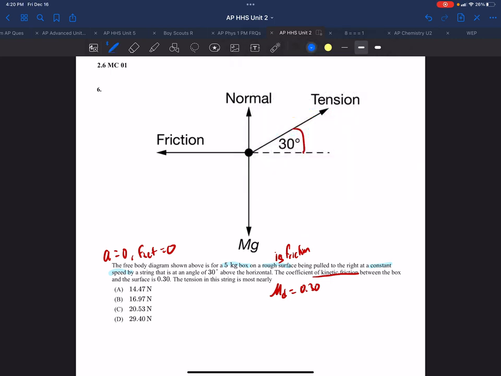So setting up our Newton's second law, F net is the sum of the forces, and that is ma. And our forces that we have would be Tx minus the force of friction.